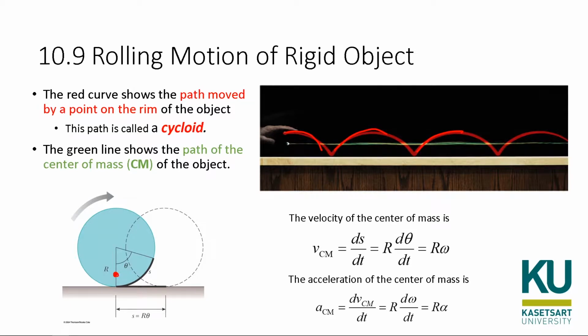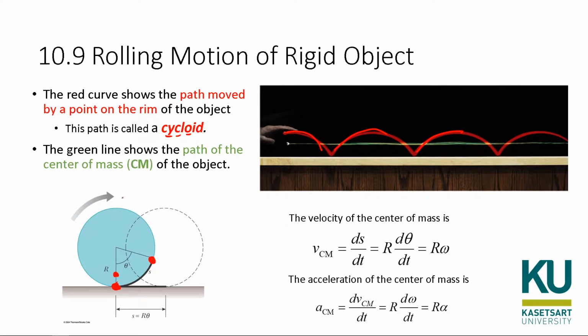Whether it's on this side or on the rim, we call this path a cycloid because it moves like a semi-circle. It keeps changing if you have a reference point like this.